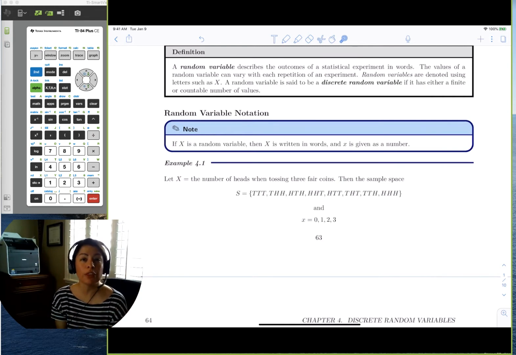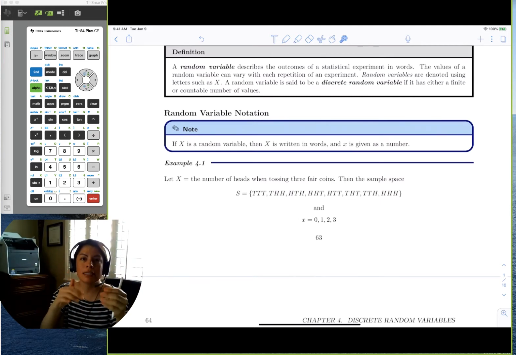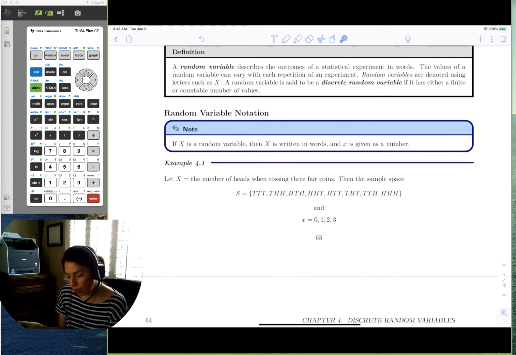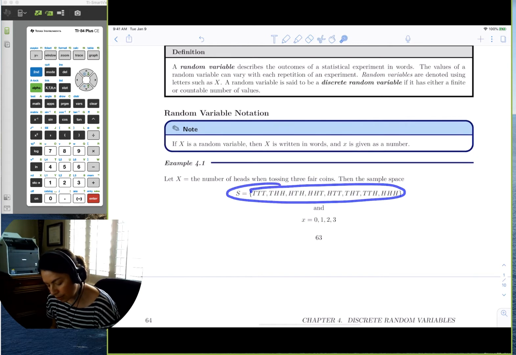If I toss a coin 3 times, the random variable is tossing the coin and how many heads I get, and x is like 0 heads, 1 head, 2 heads, 3 heads, right? So in the example below, we can see that that's what we did. We said, well, let's toss a coin 3 times, and then these are all the outcomes.